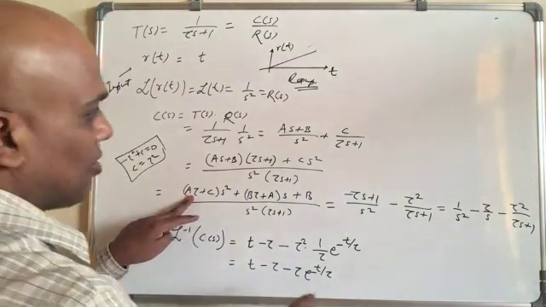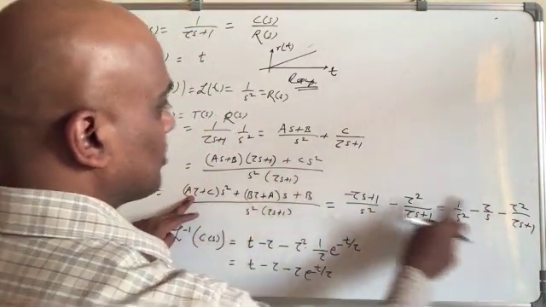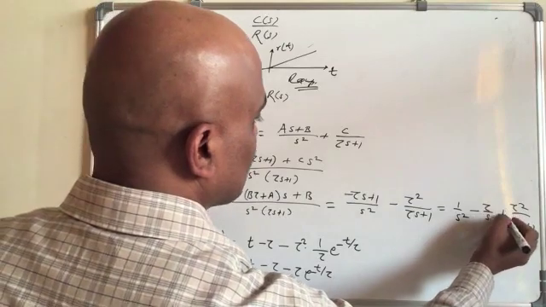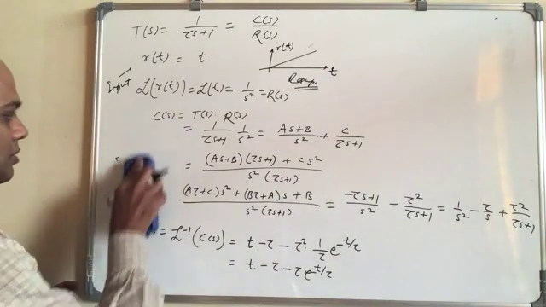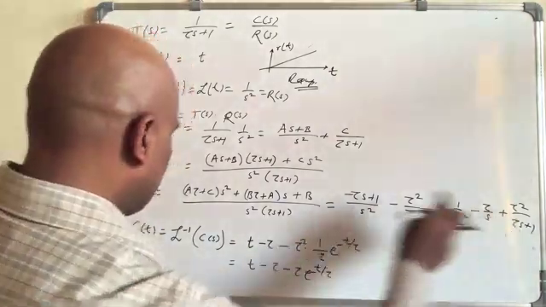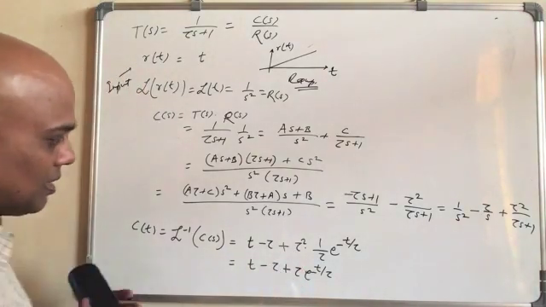So c equal to not minus tau square but tau square, right? So c equal to tau square, so hence we should have plus here.